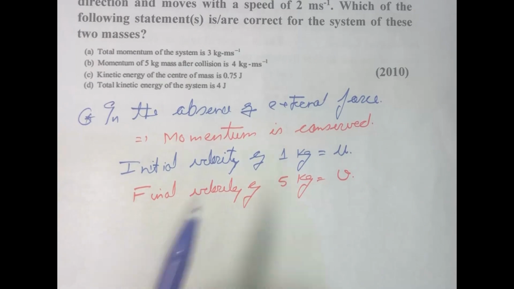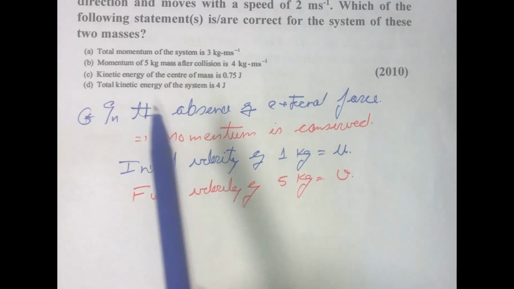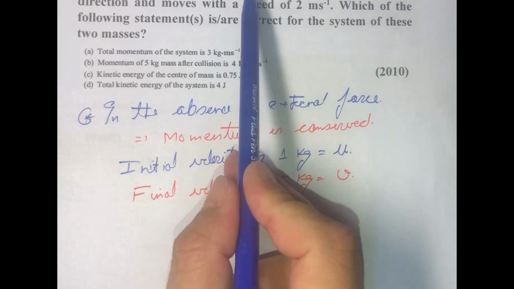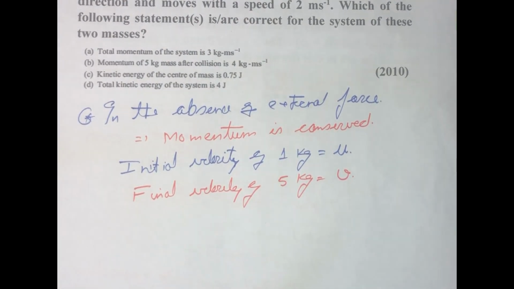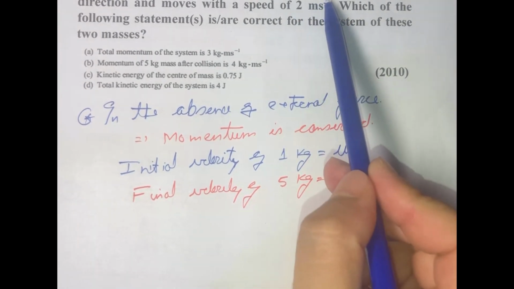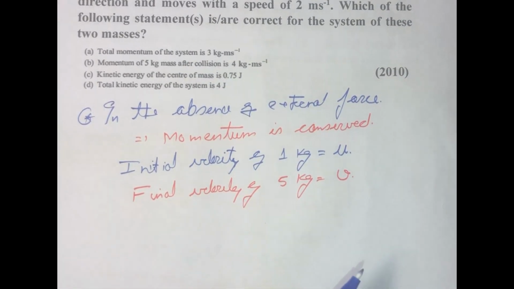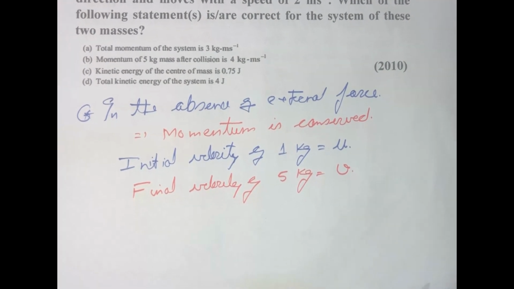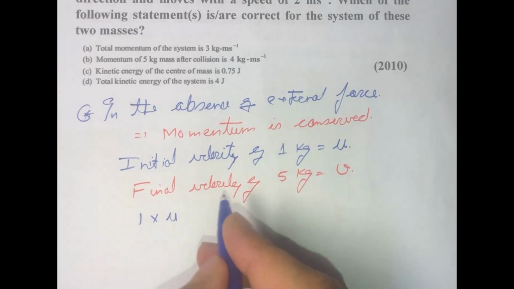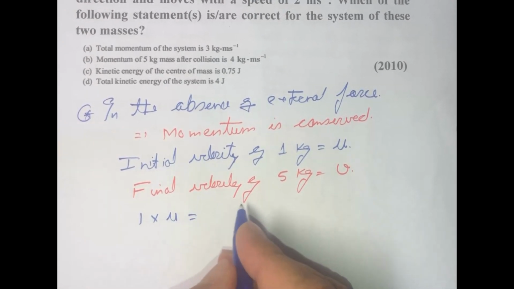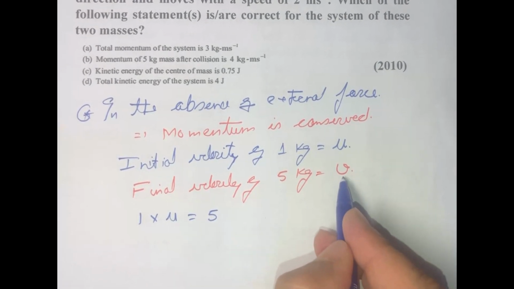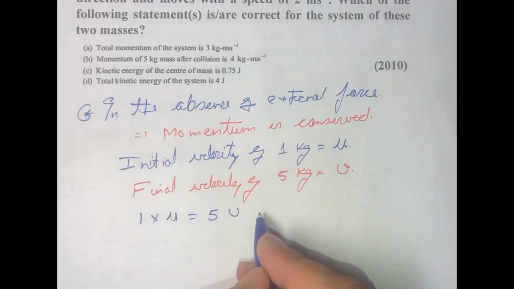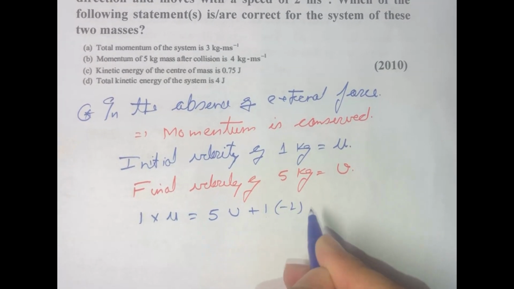Therefore, by the conservation of momentum, only the 1 kg mass is moving initially, whereas the 5 kg mass is stationary, and it is also given that the 1 kg mass reverses its direction after the collision. Therefore, 1 kg multiplied by the initial velocity u will be equal to 5 multiplied by the velocity after the collision v, plus 1 multiplied by minus 2.